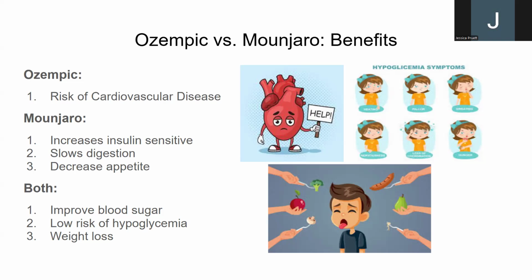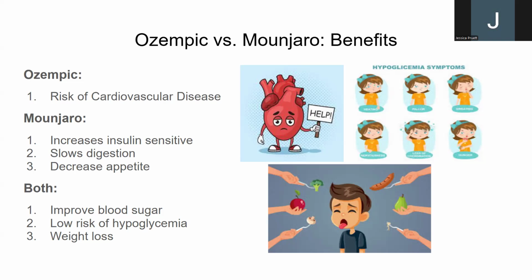Mounjaro, on the other hand, increases insulin sensitivity. Now, again, Mounjaro is able to do this because it affects two receptors. That GIP receptor and GLP-1 receptors are the reason why Mounjaro is able to increase insulin sensitivity and Ozempic cannot.